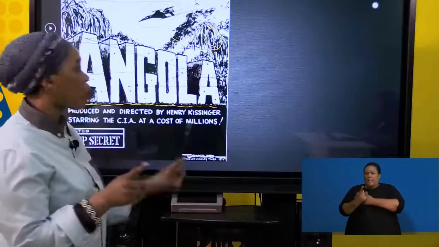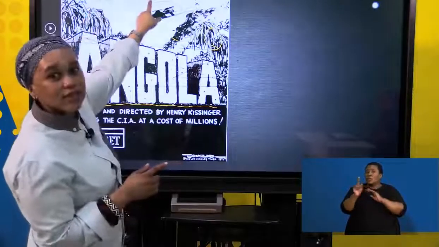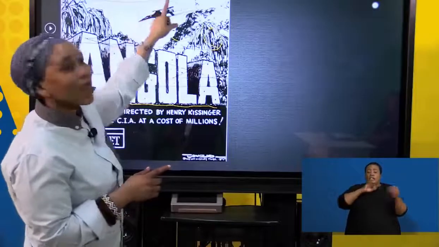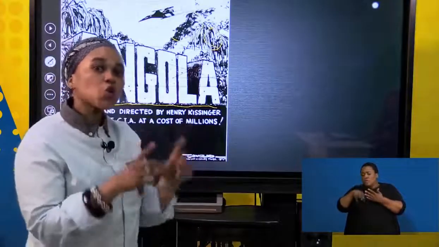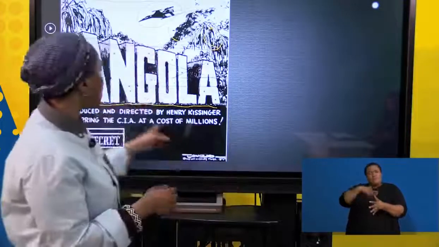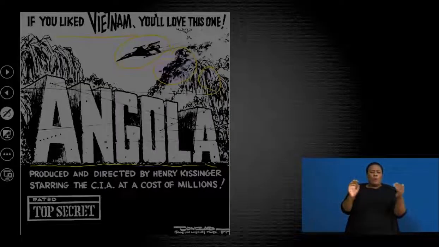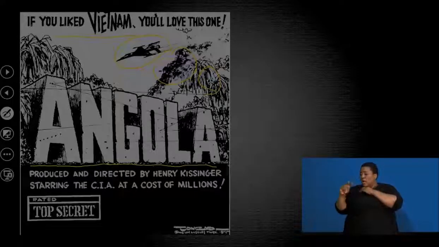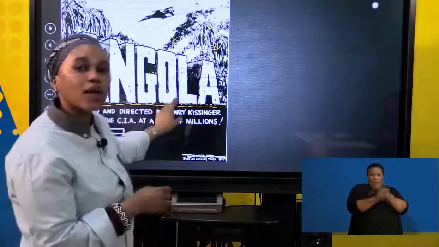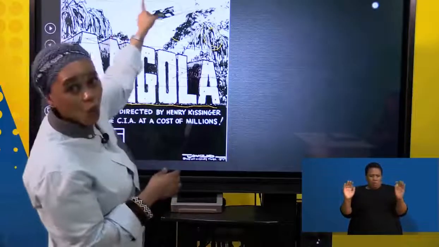Okay, but what is very important is this comparison. Because again, you will have read the questions and you should be able to conclude why that comparison was made. Why do you think this cartoonist felt it important to compare what was going on in Angola to what happened in Vietnam? So if you look at this cartoon, it requires your prior knowledge of the Vietnam War.